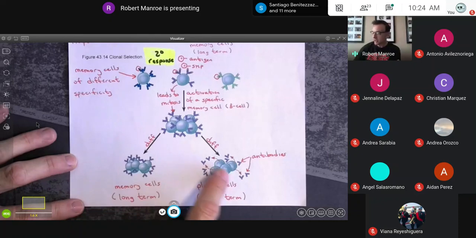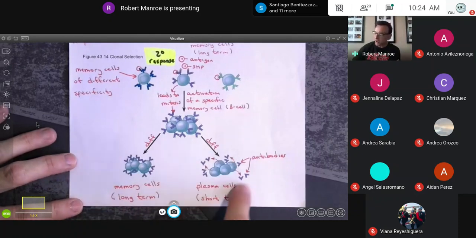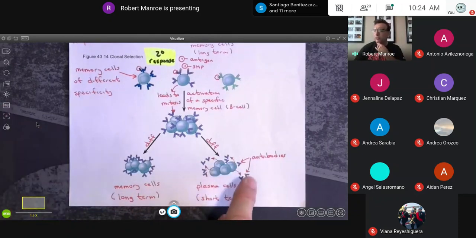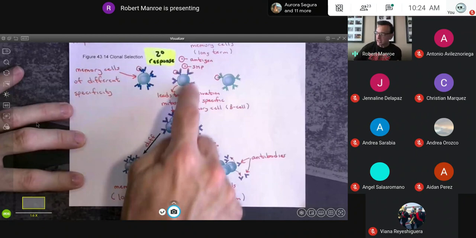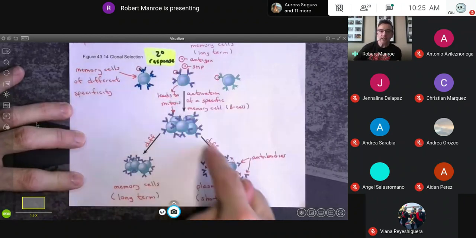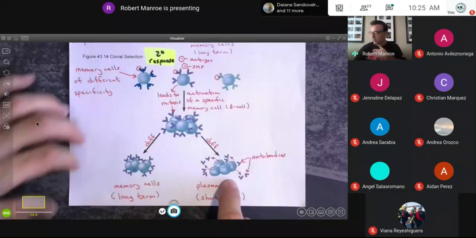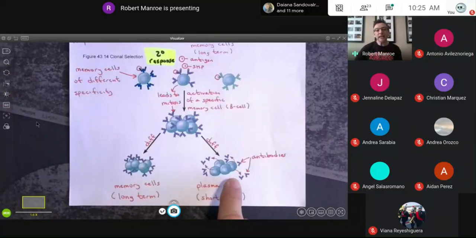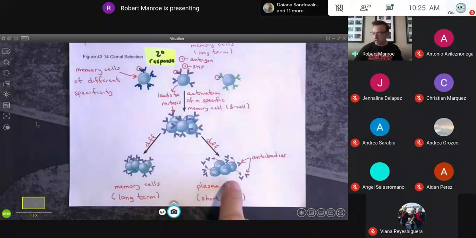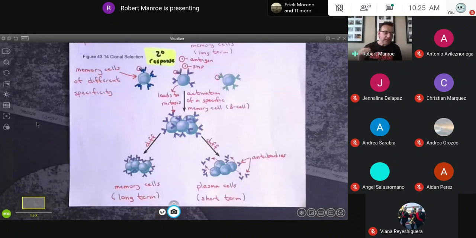Or short term because you've been exposed, and this is why you only have that little sore throat for about a day, or you get that dull headache, or your skin kind of feels weird, because this process here only takes about 24 to 36 hours. You then flood your lymphatic system with antibodies that triggers the function of the macrophages, and you eat the infection before it reaches a high enough concentration for you to actually get sick.